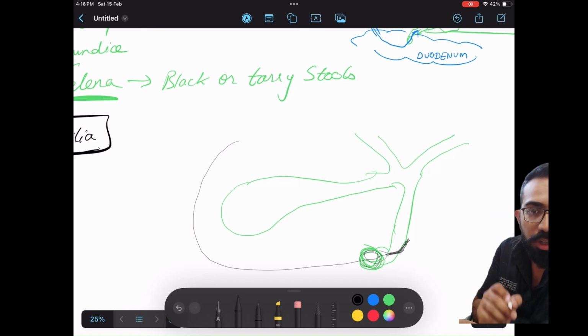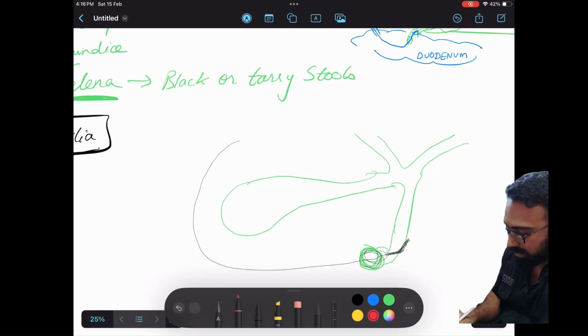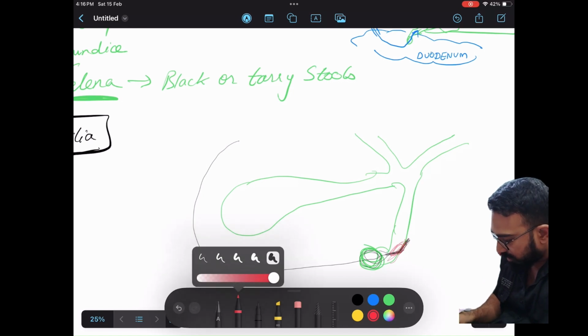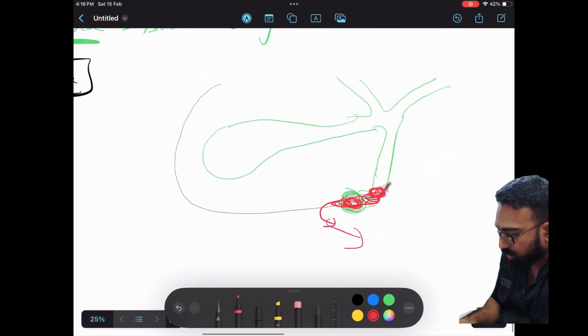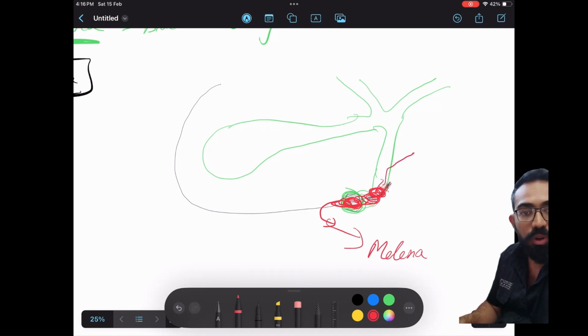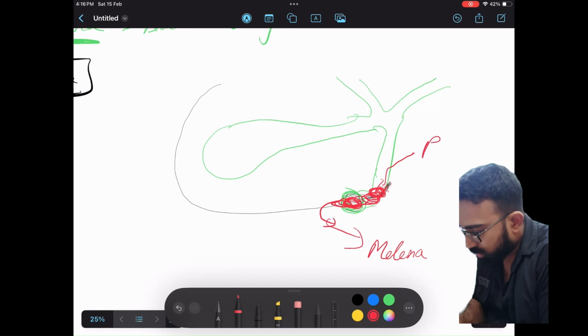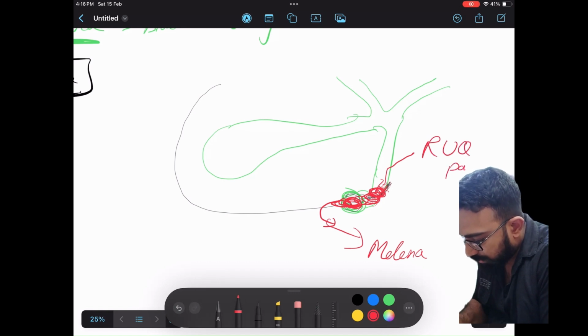Now there is bleeding from here. It is going to bleed down and come out as melena. And this injury you have caused over here is going to present as right upper quadrant pain.